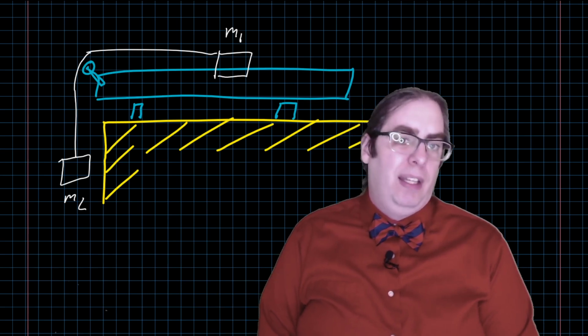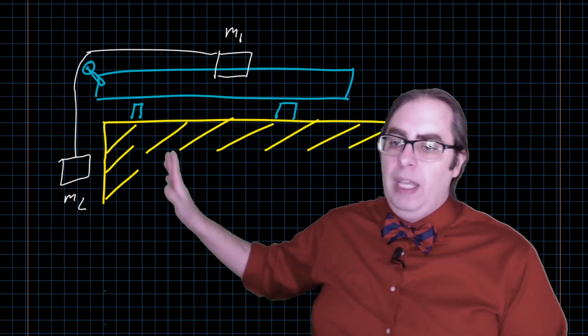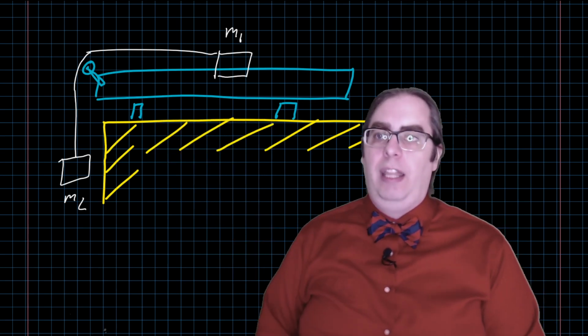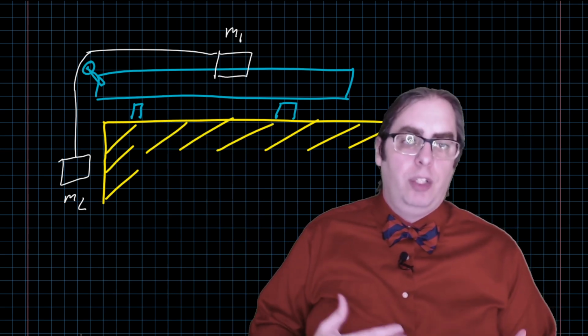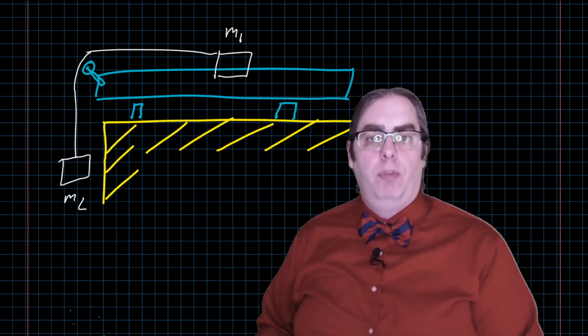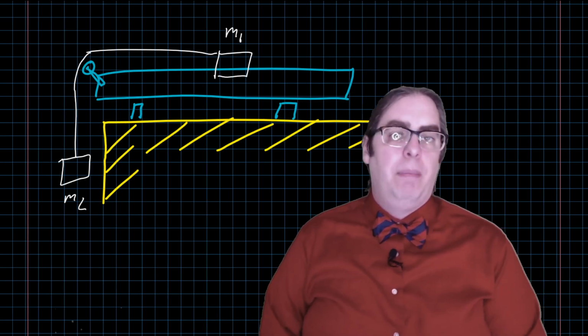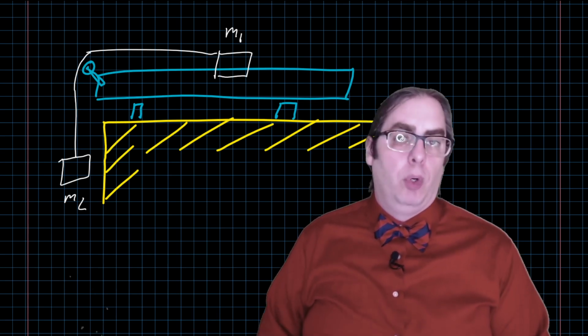And that's kind of the important thing. If this was just on the table surface, there might be enough friction between the cart and the table to prevent it from moving if the masses are disproportionate enough.